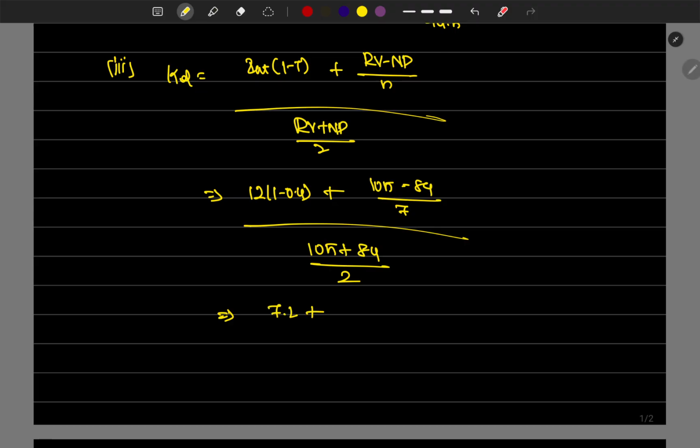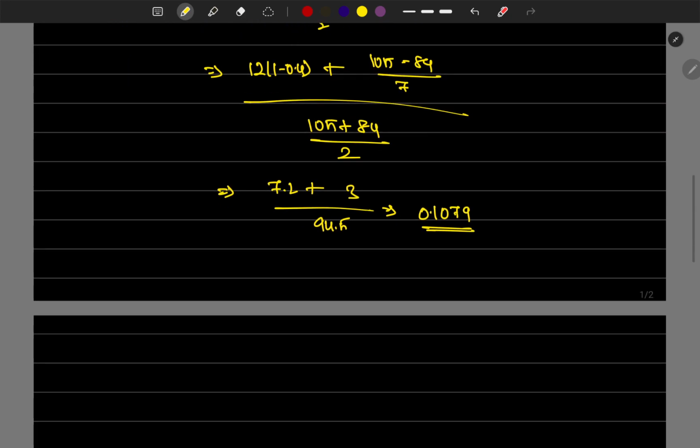So 7.2 plus 3, divided by 94.5, which is 0.1079. This is the KD.